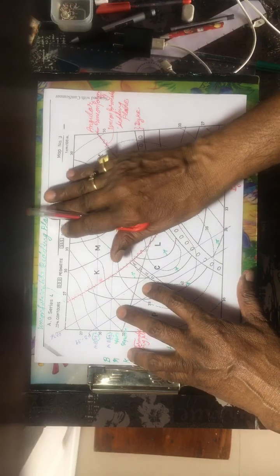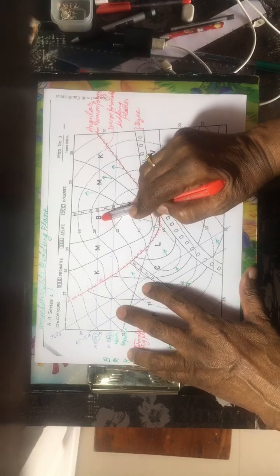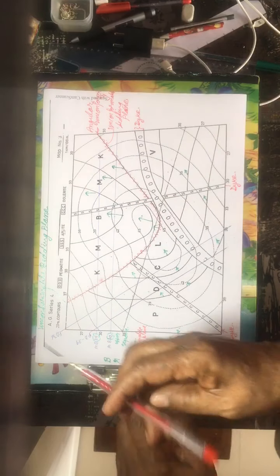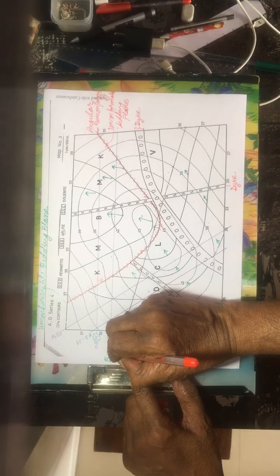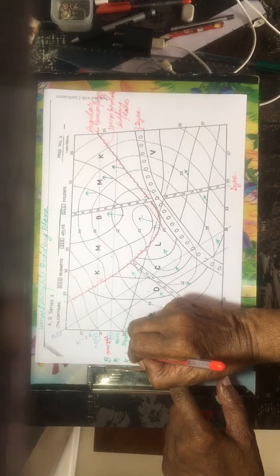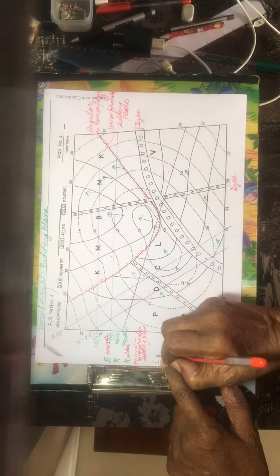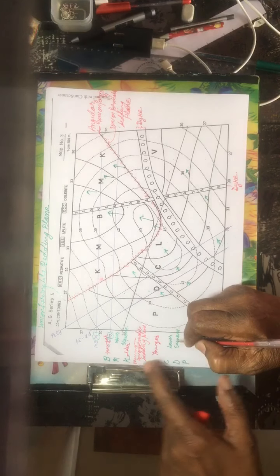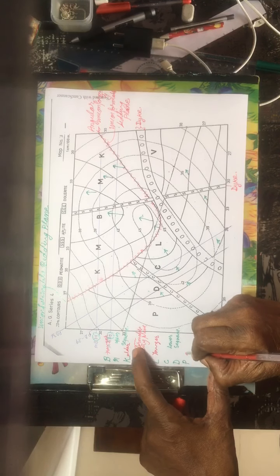So these beds are dipping toward this direction. So the B bed is the younger bed on the top, this is the younger bed, and this is an older bed. Again, younger bed, and this is older bed.